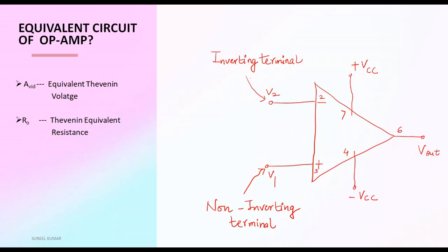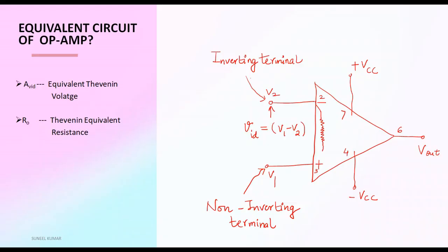So the difference of these two signals will be the input difference voltage, VID. It is written as VID equals V1 minus V2. And the input resistance will be between these two terminals.